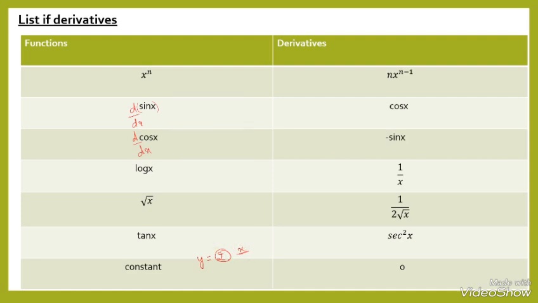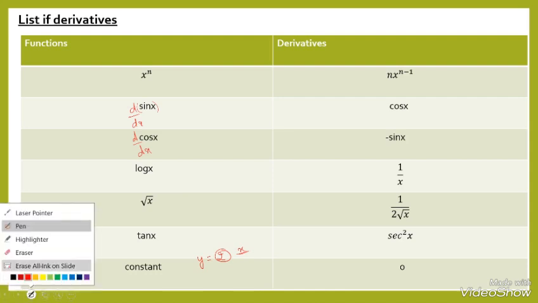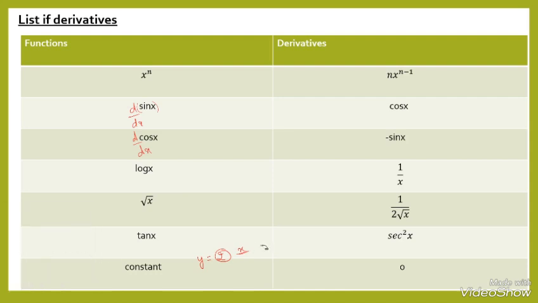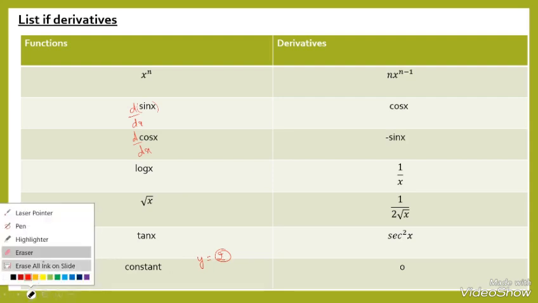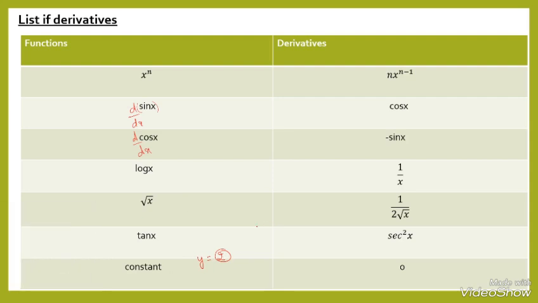Therefore, there is no x. That's why the function is constant. Sometimes we say constant function, where there is no variable in the function. At that time the differentiation of a constant will be 0. Okay, next we will move on to the problems.